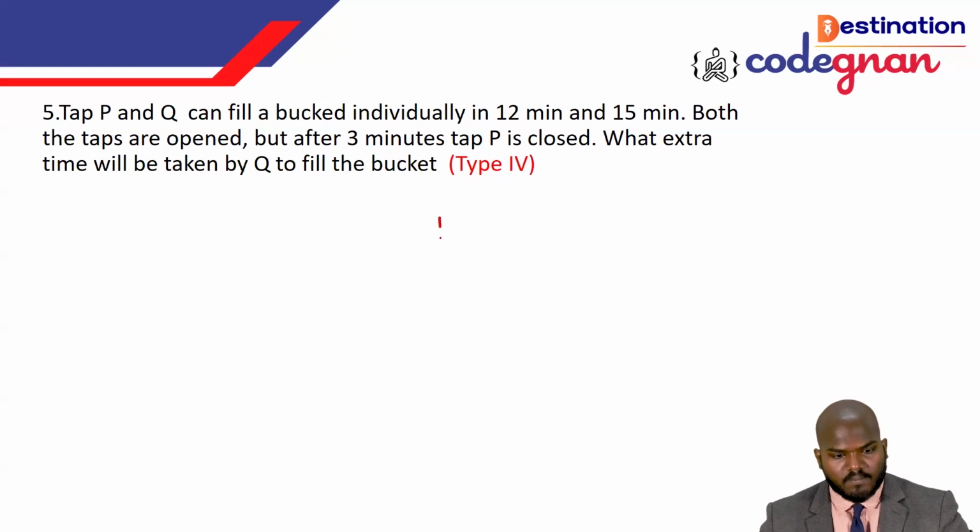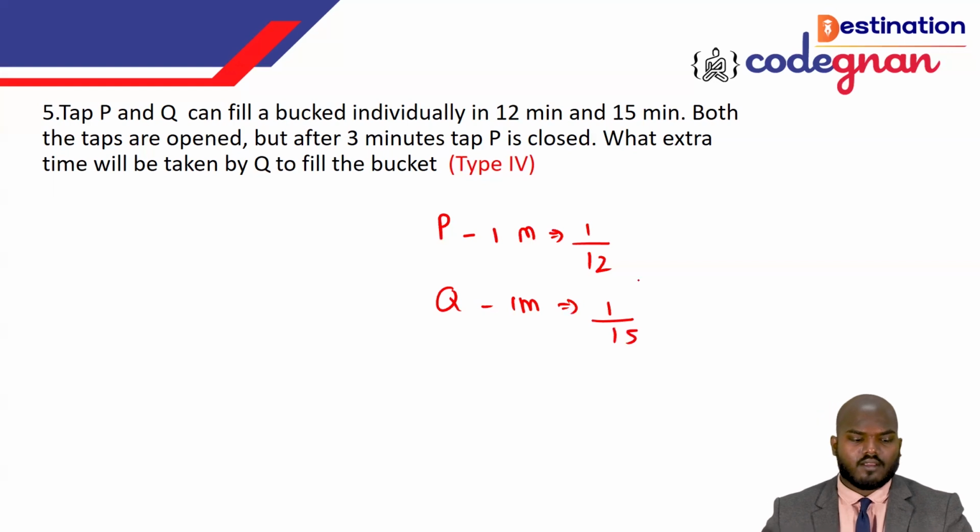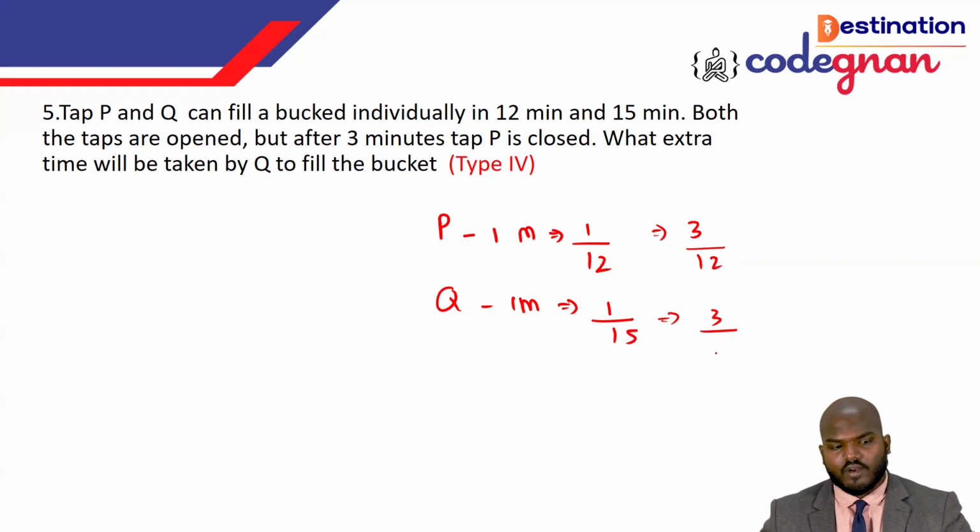P's 1 minute work we can call 1 by 12 as a part, and Q's 1 minute work is 1 by 15 as a part. Both of them work for 3 minutes, so 3 by 12 and 3 by 15 is the work of 3 minutes.